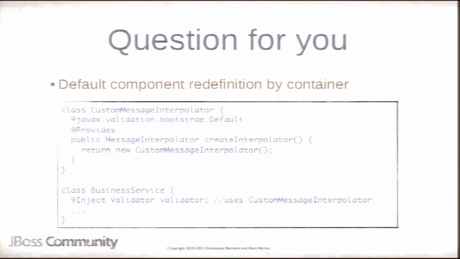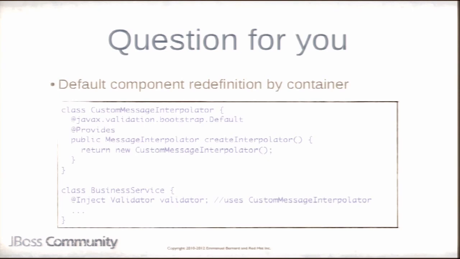Actually, I've got a question for you. One thing we could do as well is to say, you know what, for message interpolator, traversable resolver, and constraint validator factory, the way to customize them today is to define in validation.xml the actual implementation you want to use.